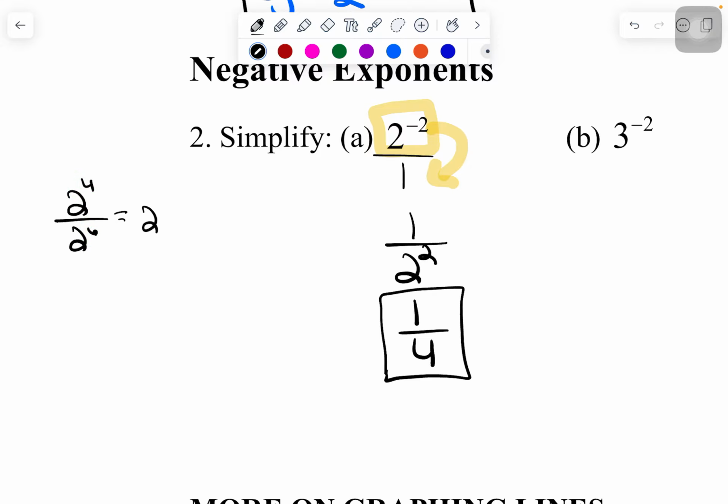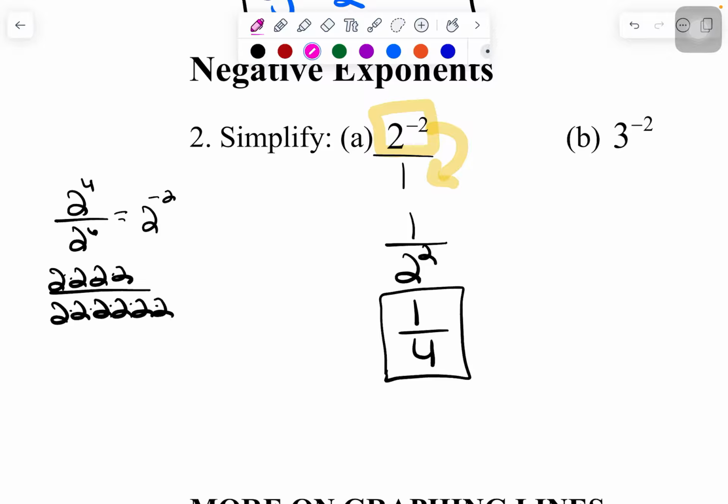And so 4 minus 6 makes negative 2. Cool, great. But that doesn't really tell me what it equals. So let's say instead that I were to write this out. 2 to the 4th means I have 1, 2, 3, 4 2's all being multiplied together. 2 to the 6th means I have 1, 2, 3, 4, 5, 6 2's being multiplied together.